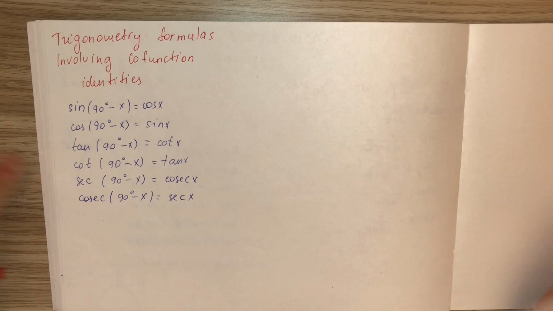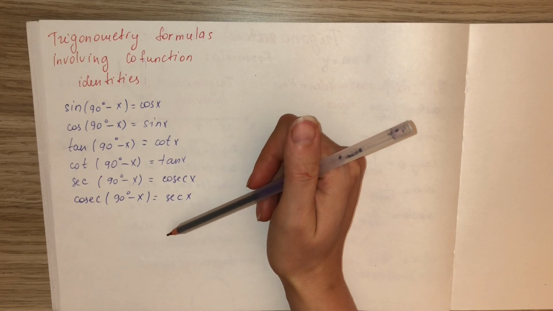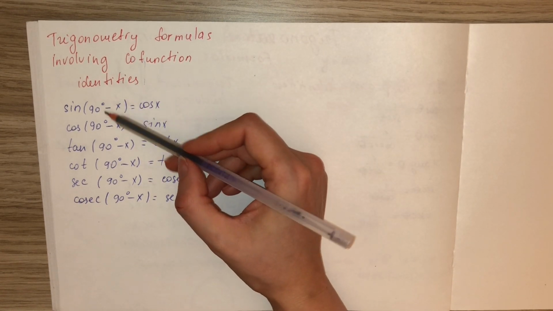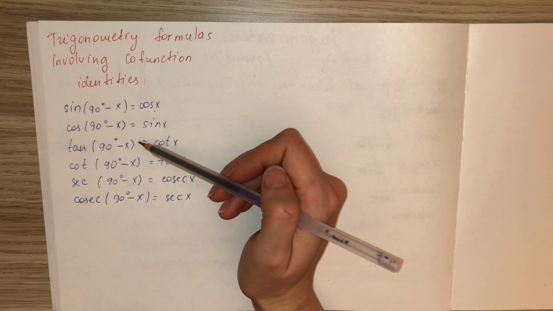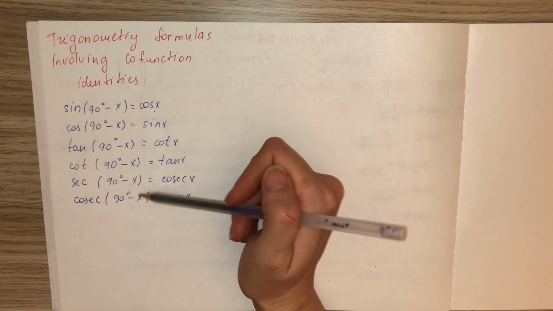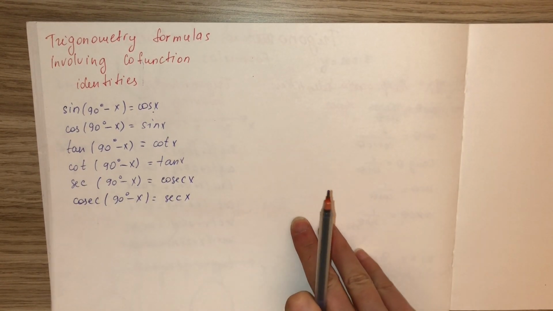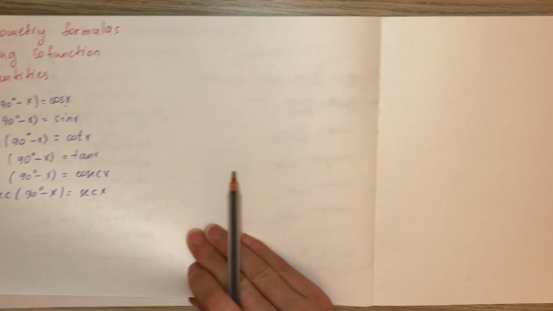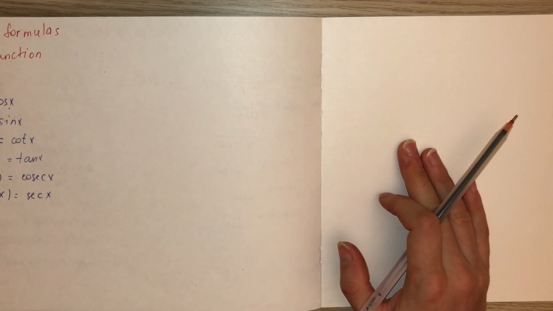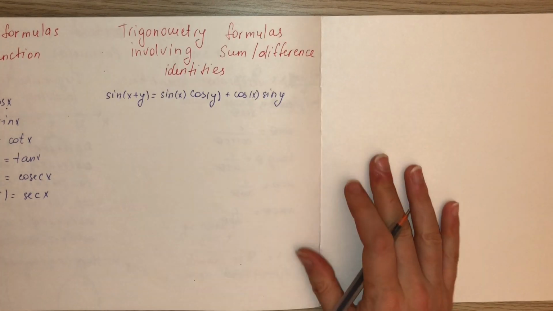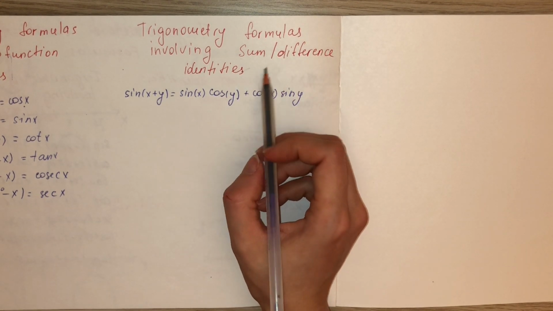As is clearly seen, with the periodicity of 90 degrees the names change, but with the periodicity of 2 pi n the names didn't change, as we mentioned before. Next, the trigonometry formulas involving sum and difference identities.